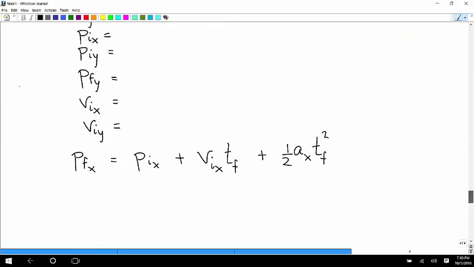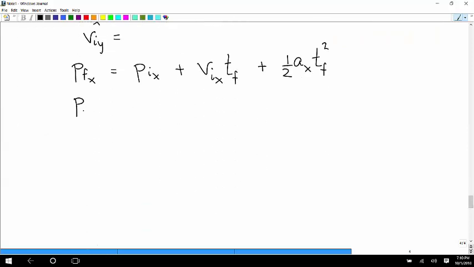So PFX is equal to, this one's 0, plus VIX was 36.25, TF is 3.53, plus 1/2 times AX. What's AX?